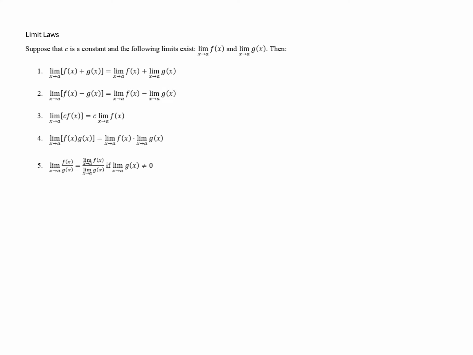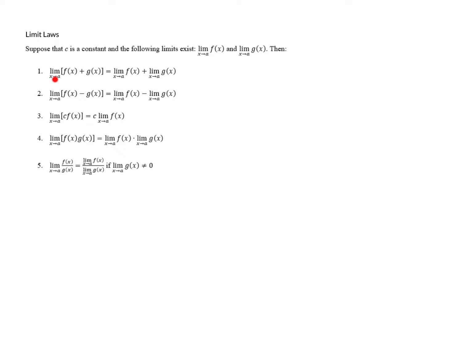So for these laws, we're going to suppose that c is a constant and that the following limits exist: the limit as x approaches a of f of x, and the limit as x approaches a of g of x. So we're assuming we already have a couple of limits, and if we have those, then the following are true.